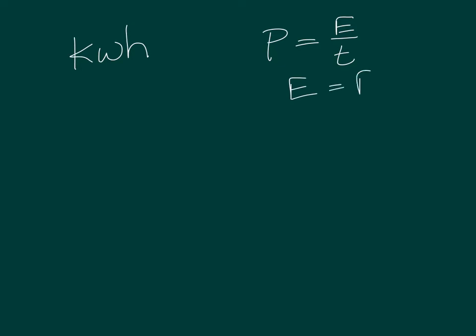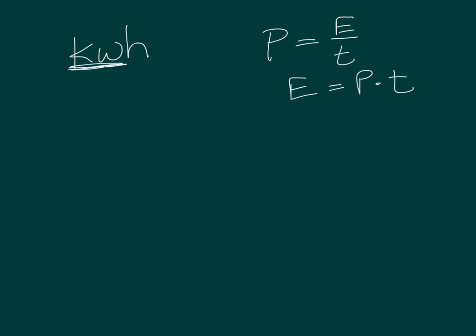Now, oftentimes when we talk about energy and power, we talk about this unit called a kilowatt hour. Remember how power is the energy divided by the time. So energy is power times time, just isolating energy instead.